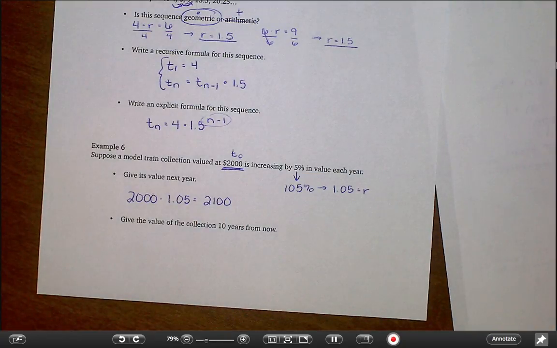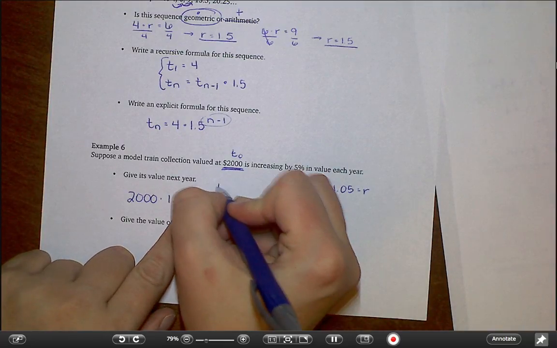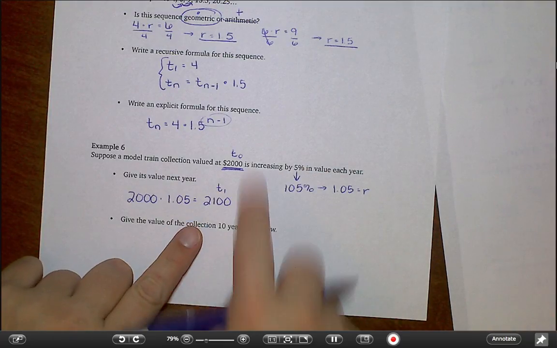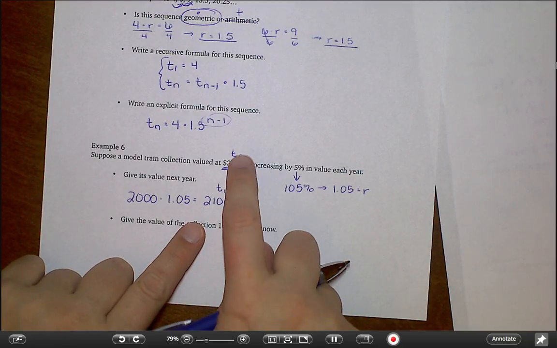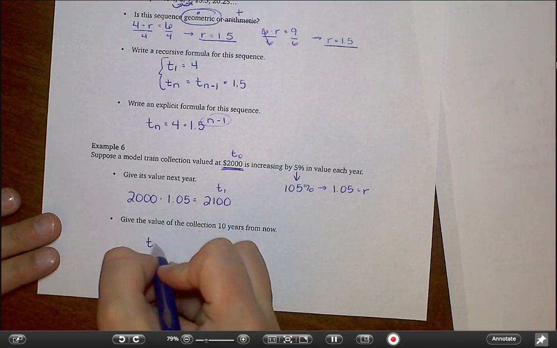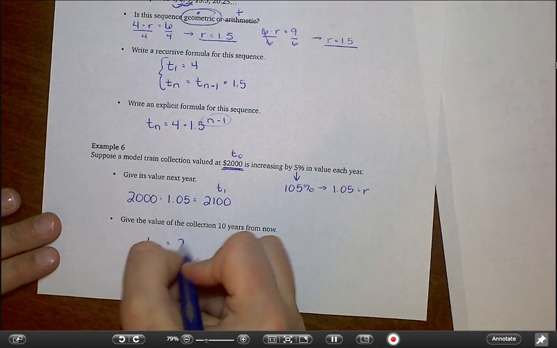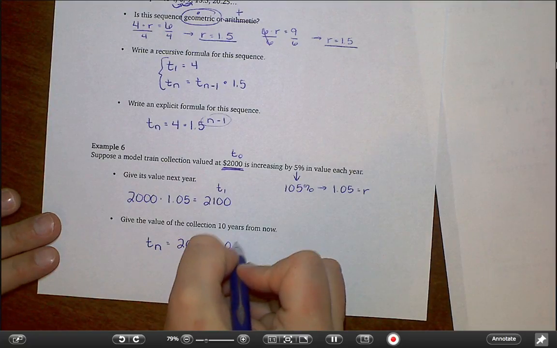If this is what it is 1 year from now, this would be year 1 or term 1. So if I use the $2,000 in my formula, I want to consider that to be term 0. So I'm going to say term n equals 2,000 times 1.05.